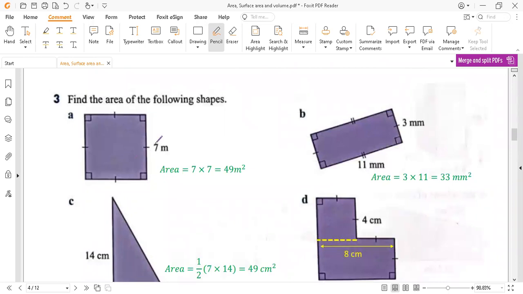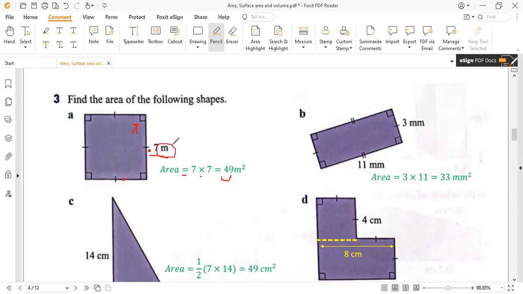Let's move to some applications. We have a square. Why is it a square? Because all the sides have the same length, and we have at least one 90 degree angle. The square with each side equal to 7 meters has area 7 by 7 equals 49.